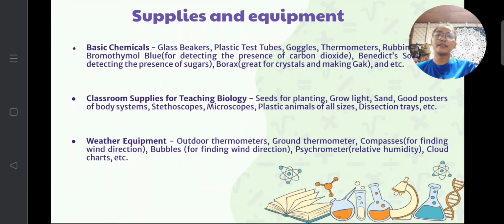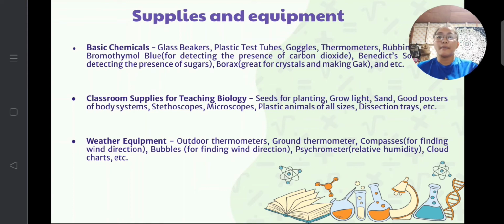Next is the science supplies for teaching biology. There are a wide range of concepts when teaching biology. These range from environmental science, plant and animal science, to human body systems.